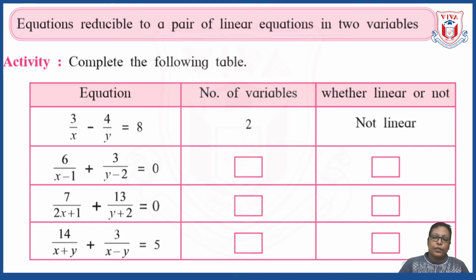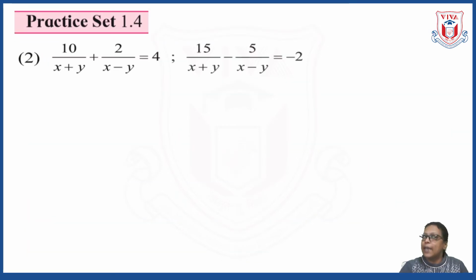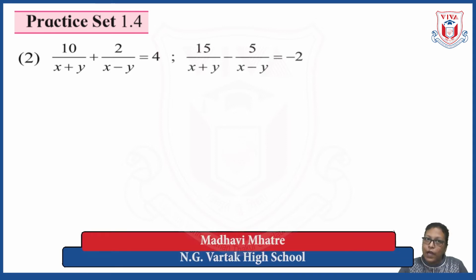So let us take one example from practice set 1.4, and I have chosen this equation specially because the denominator is in the form of x plus y and x minus y. Comparatively the remaining sums are easy.